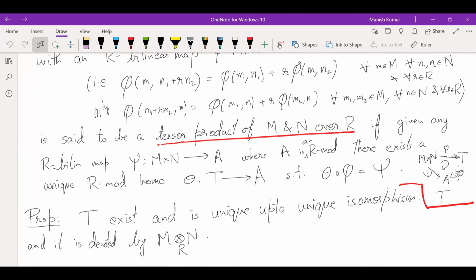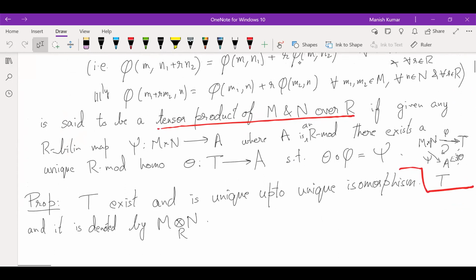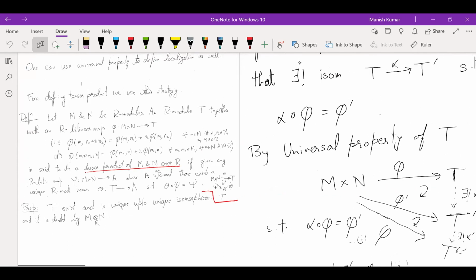Not everyone covers tensor product in algebraic geometry, so it's not guaranteed that this will be covered in your course, but it may be. So T exists and is unique up to isomorphism and is denoted by M tensor N.